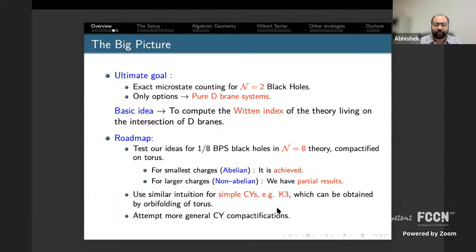So we have this famous D1, D5, KK monopole, P system, for which the full answer is known in terms of a Jacobi form, theta squared by eta to the power 6. This basically generates all the microstate counting for all possible charges. So we know the answer from the microscopic side.